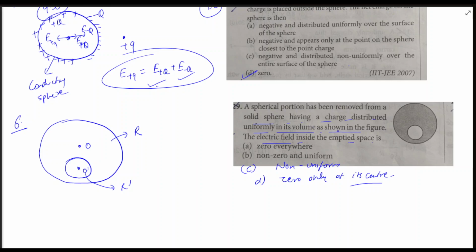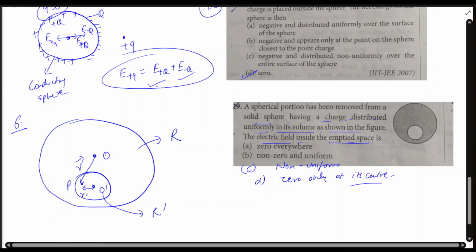Now it is saying the electric field inside the empty space. We don't know where, it could be anywhere. So let's say it is here, point P. Now this distance is, let's say, the r vector, and this distance is the r dash vector. Can you see? Let me zoom in.